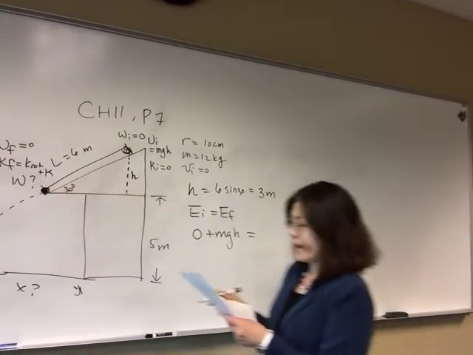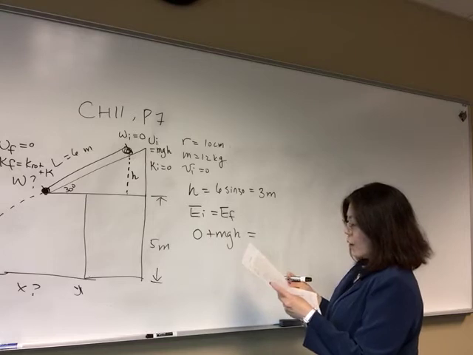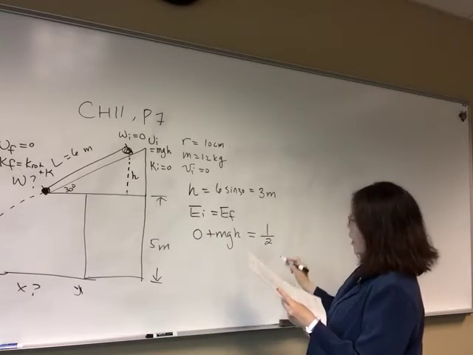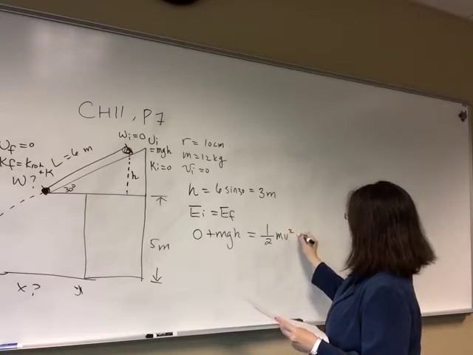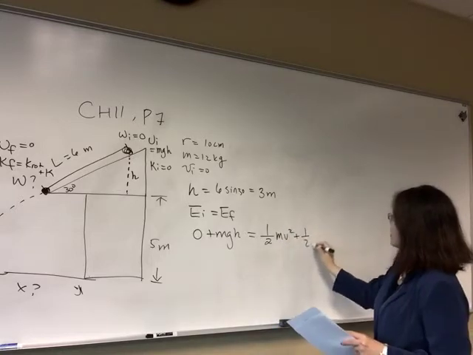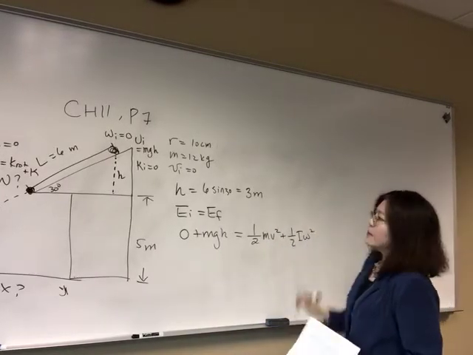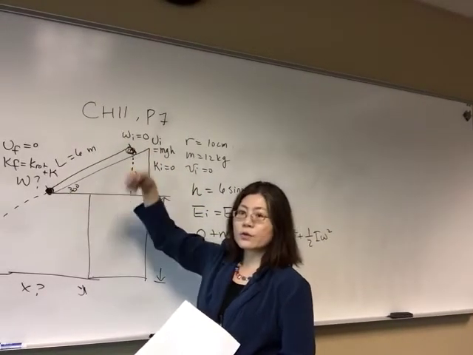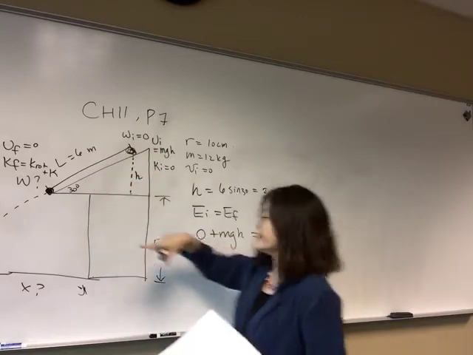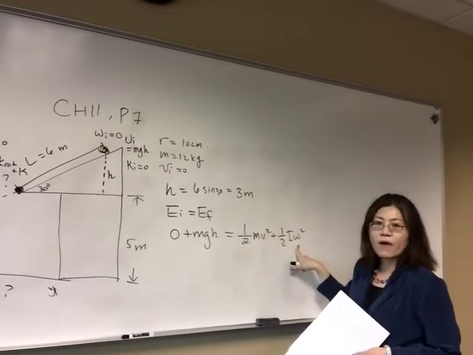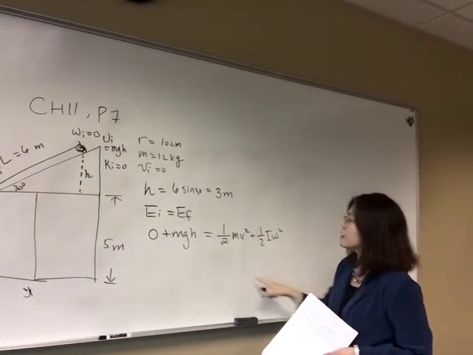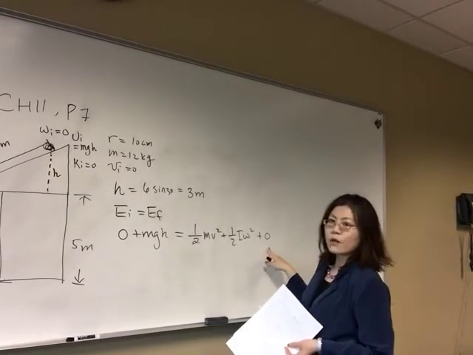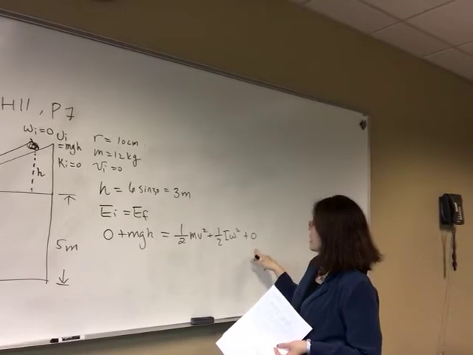Kinetic energy, you have 2 terms. That would be 1/2 mv squared, plus 1/2 I omega squared. Because this thing is not just moving in this direction, it also rolls. When it rolls, it has the 1/2 I omega squared, the rotational energy, plus the 0 gravitational potential energy.